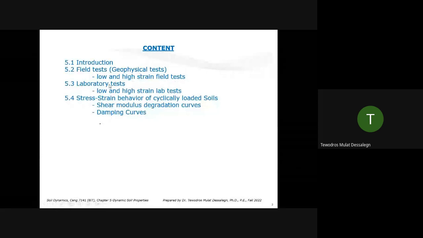We have seen also lab tests, resonant column test, triaxial test, and today we'll start from section 5.3, which is cyclic shear test, and we'll try to complete 5.4, stress-strain behavior of cyclically loaded soils.